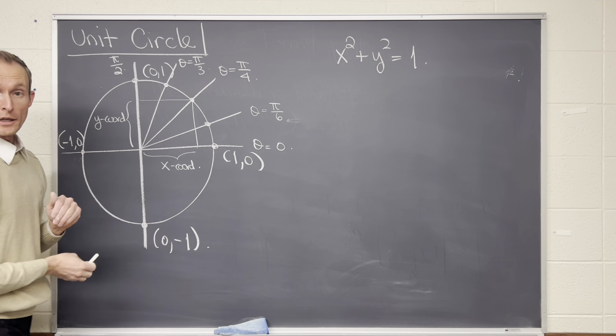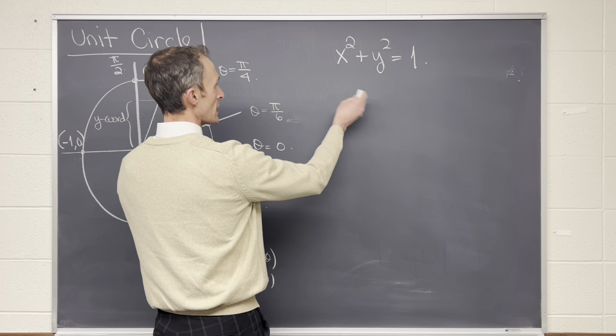So the question we want to understand is what is cosine of 0, cosine of pi over 6, pi over 4, pi over 3, pi over 2, and what is the sine? Well, since cosine is the x-coordinate and sine is the y-coordinate, and this is the point corresponding to theta equals 0, let's make a table.